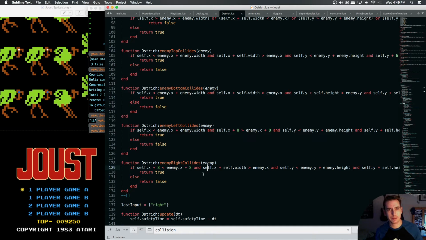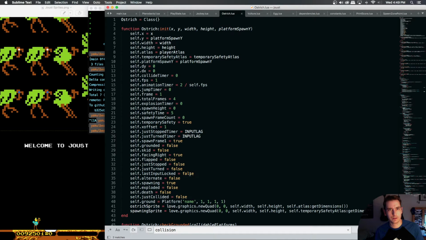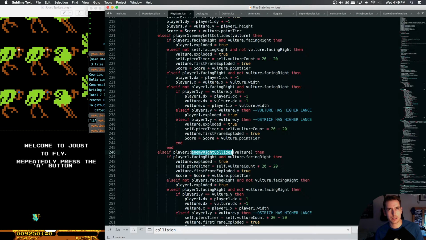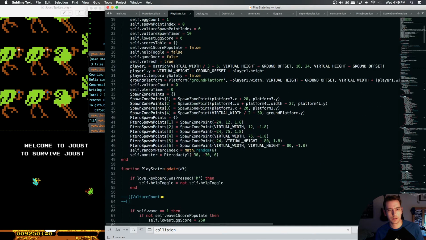See, why are we doing this? Our ostrich width is what? When we instantiate our player, what is our width and height? Player 1, we have an X, a Y, a width, and a height, so 16 by 24, okay?